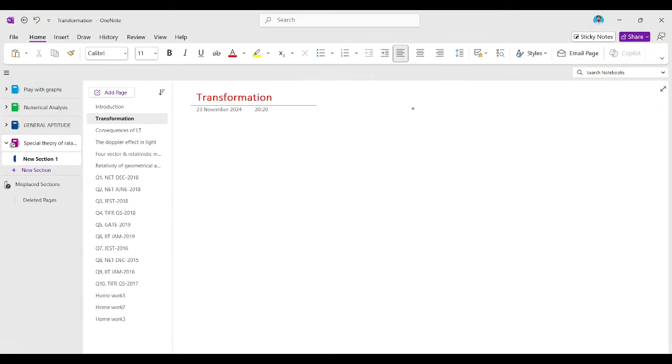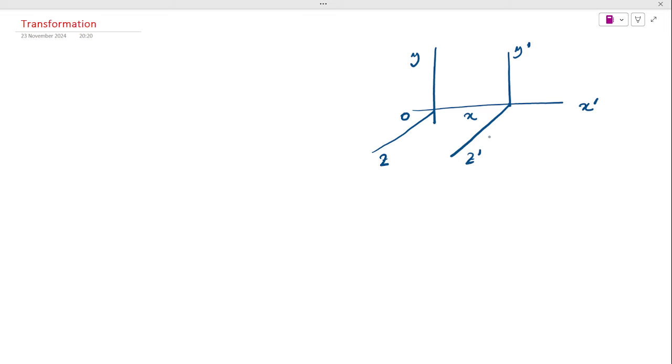First one is the transformation. So basically we have two frames, that origin, x, this is x dashed, y dashed, and another one is z dashed.